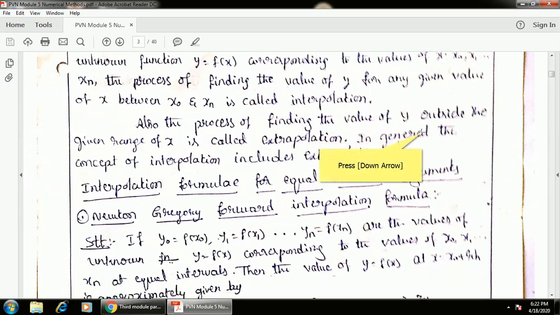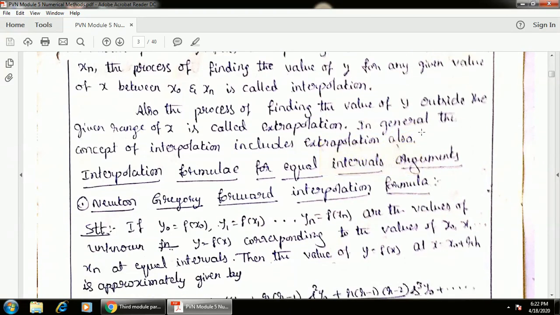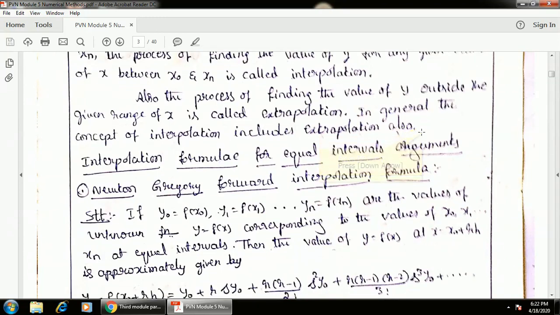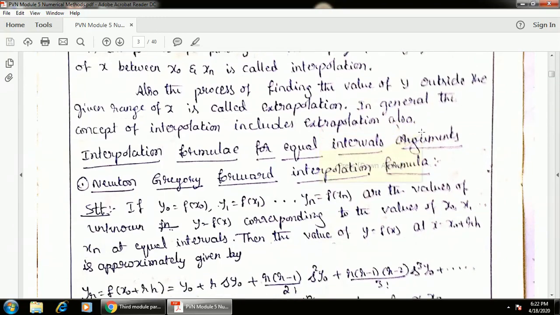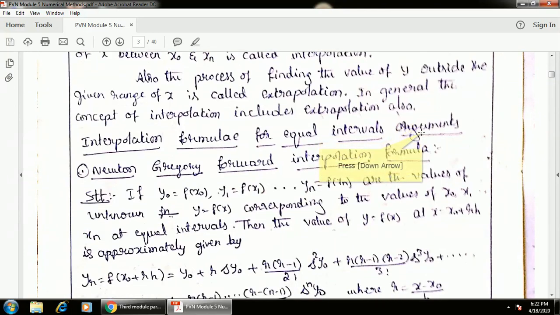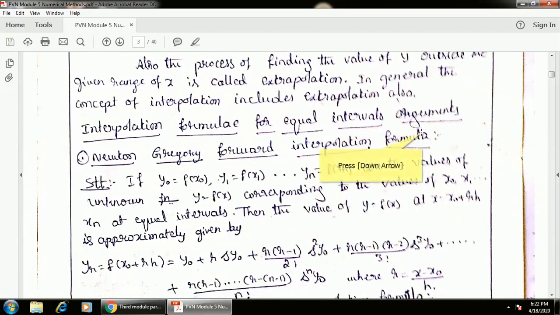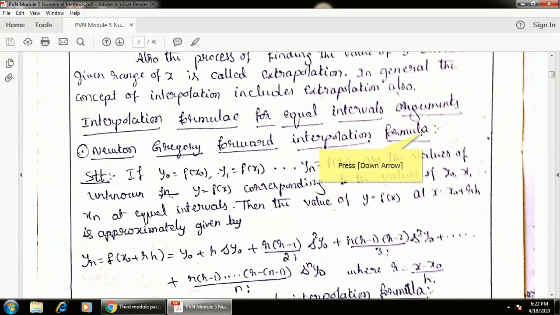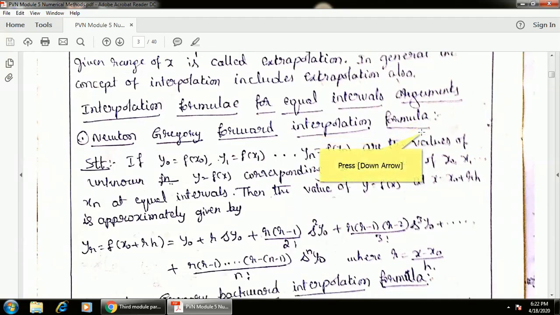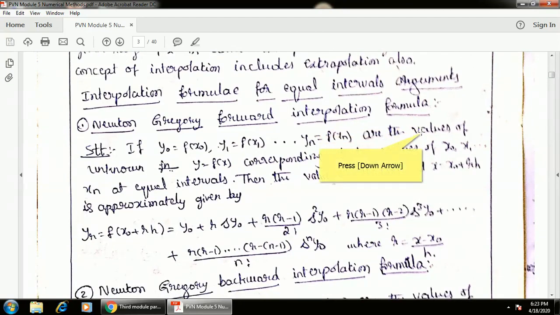Even if we do extrapolation, we simply call it interpolation. I hope you understand what interpolation is.